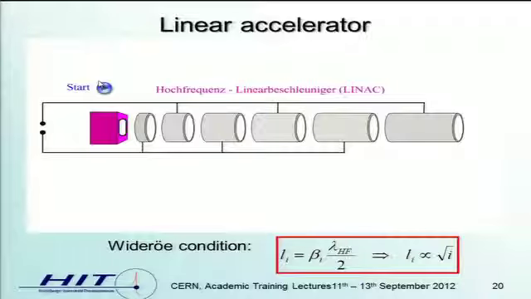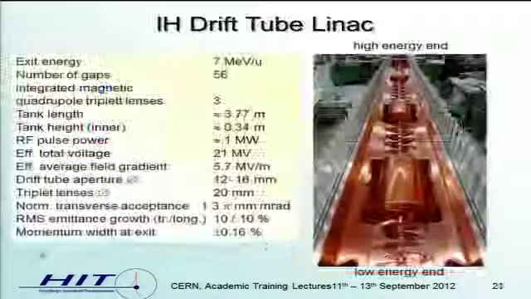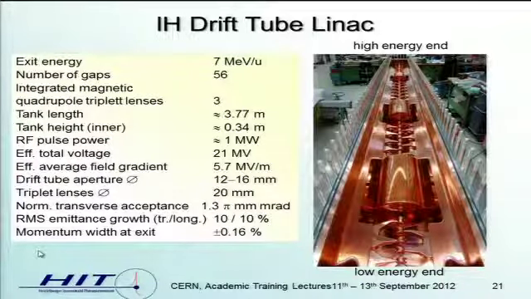Okay, so here you can see how it looks like. As you have seen in the animation, clearly as the beam gets faster and faster, the gaps have to be longer and longer. So each of these 56 gaps has its own dimension.